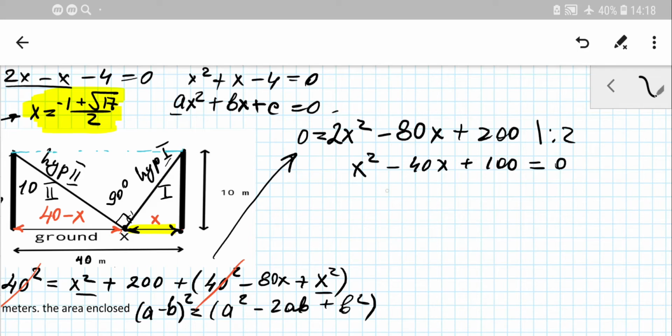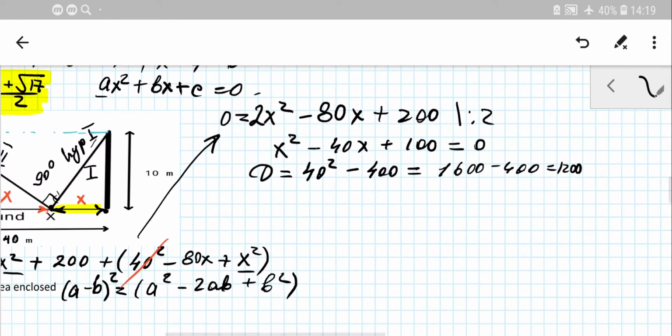And now I see that the discriminant in my case is 40 squared minus 4 times 100, which is 400. So I will simply get 1,600 minus 400, which gives me 1,200.